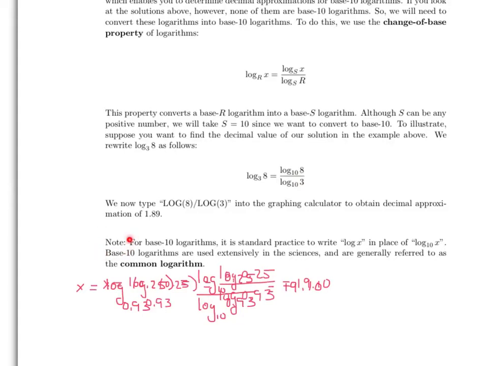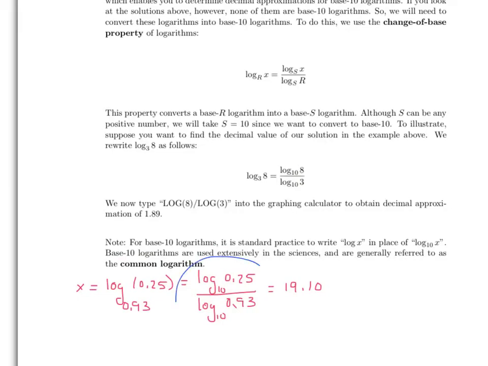One final note. For base 10 logarithms, it's standard practice to write log x rather than log base 10 of x. Base 10 logarithms are used extensively in the sciences and are generally referred to as the common logarithm. So it's important to understand that if you ever see a logarithm and the base is omitted, you assume it's 10.